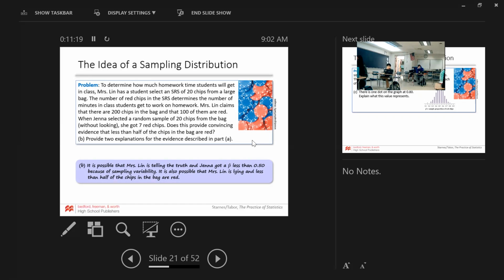So you got two possibilities. Jenna's sample, P hat, the sample proportion, is less than 0.5 because of sampling variability, or maybe there really aren't 50% red chips in the bag.